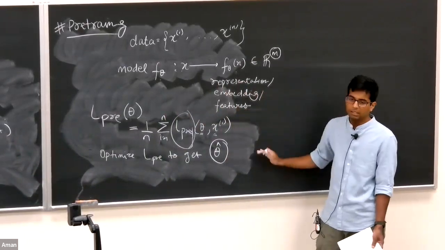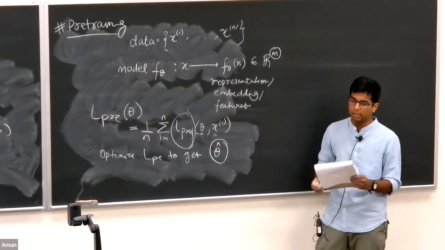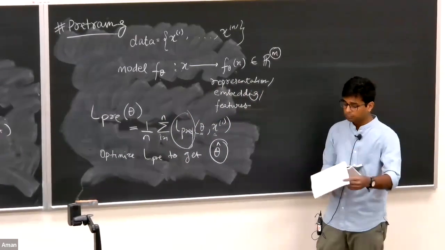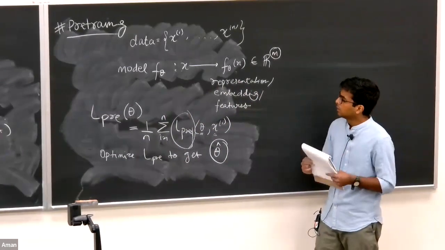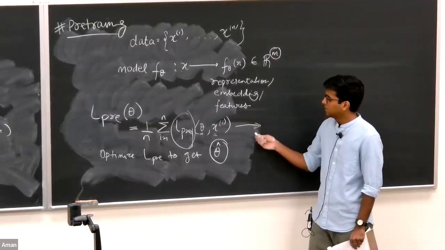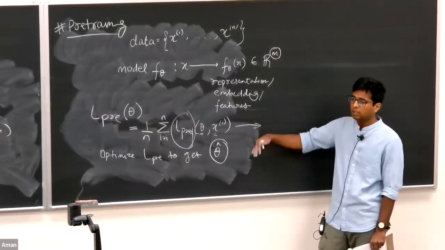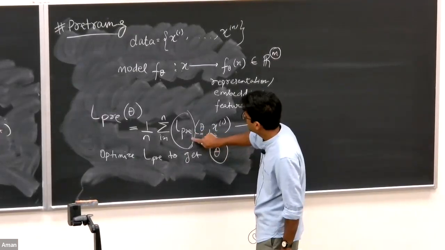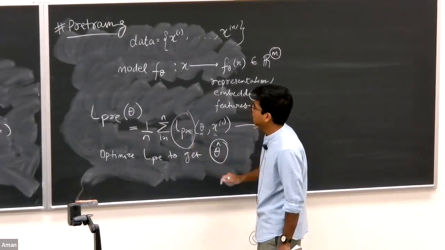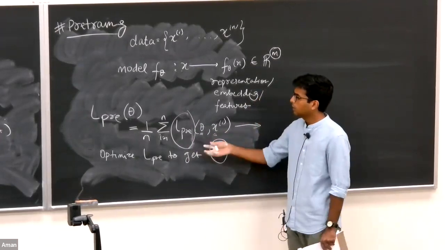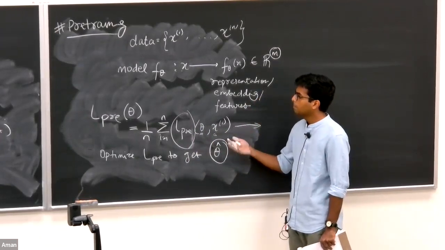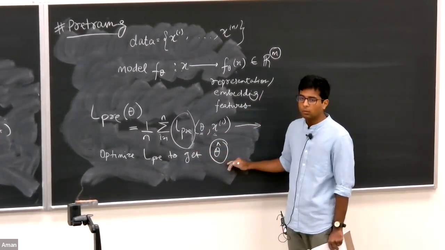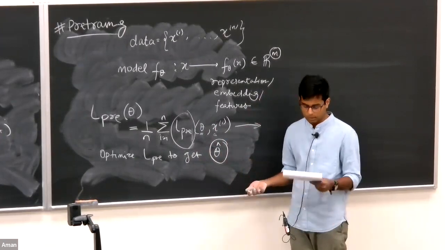So this is very general, and this is what happens at the pre-training step. You get a pre-trained model which optimizes on a loss like this, and this can be any loss, and we'll see what kinds of losses we can use here.